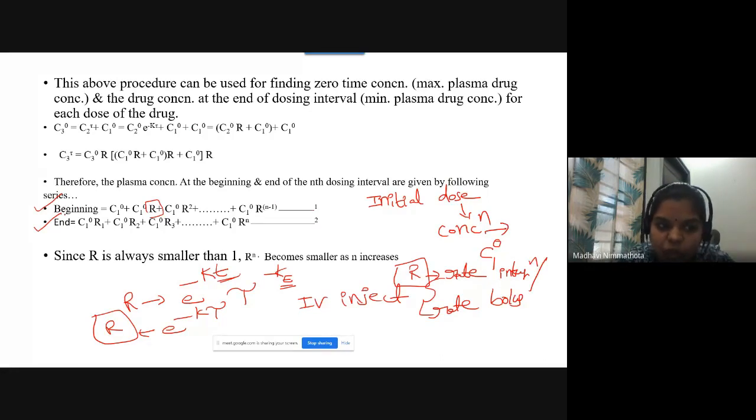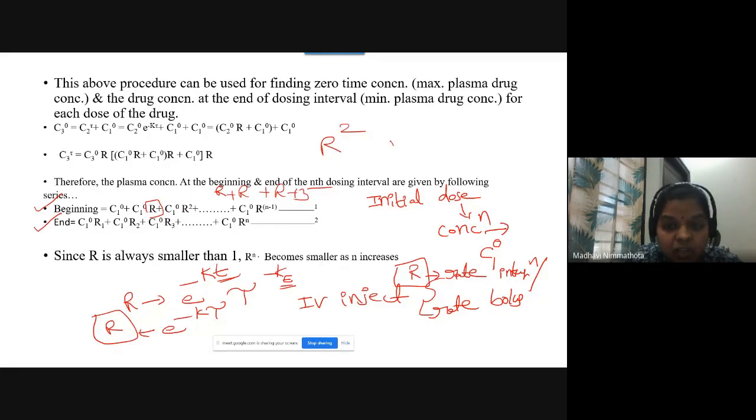This is the beginning dose and this is the ending dose. The plasma concentration at the beginning and end of the nth dosing interval are given by these two following series. Here beginning means we are adding R plus 1, R plus 2, R plus 3 like that. If it is a second dose, you have R square.